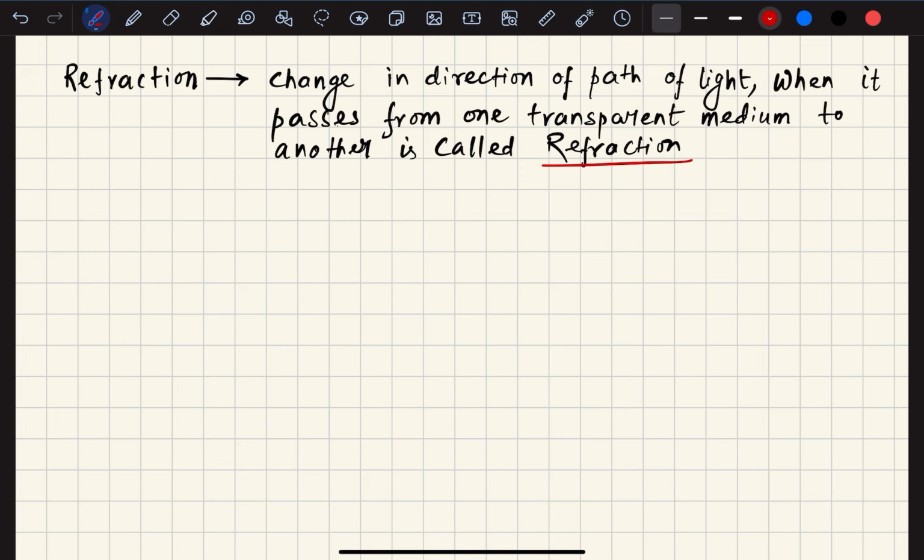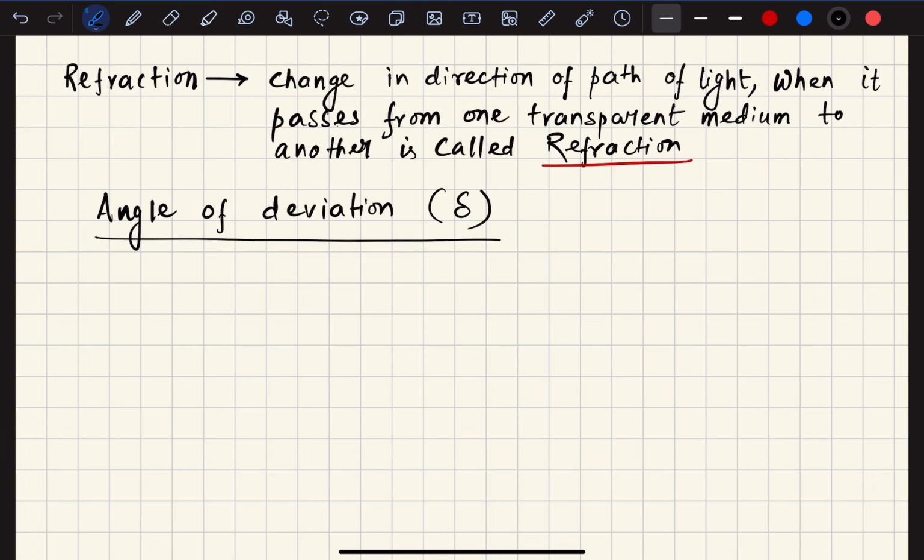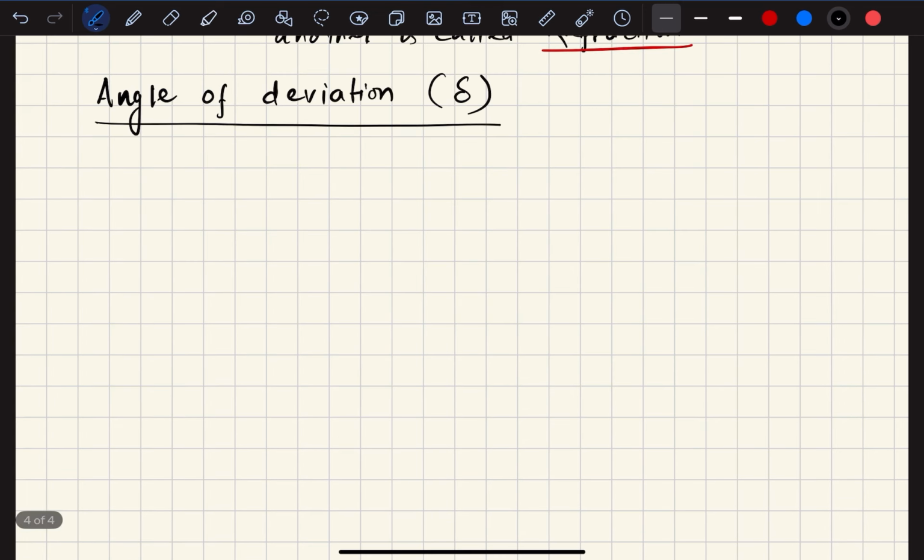Now we are going to understand something that is called angle of deviation, which is also denoted by del. So what is angle of deviation?